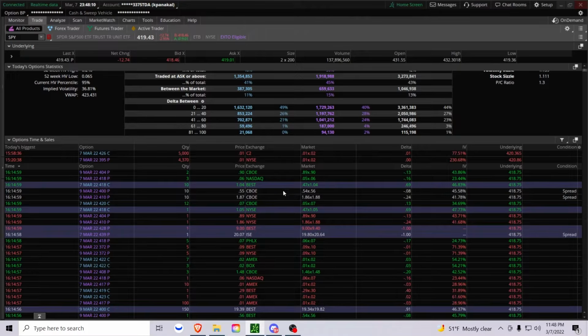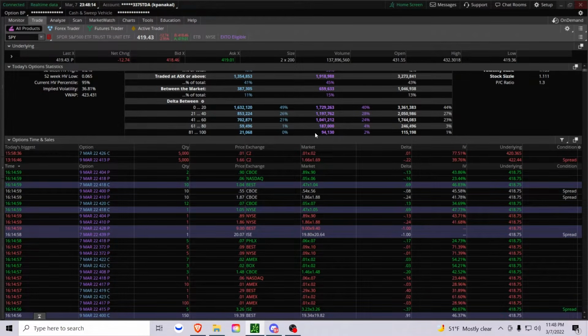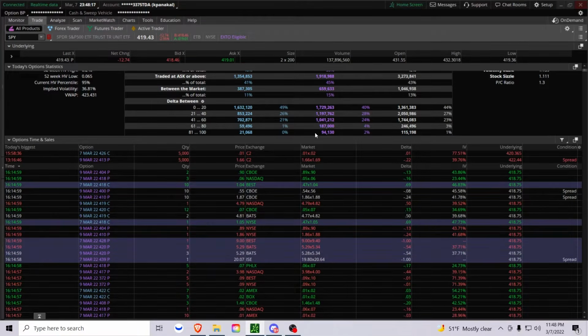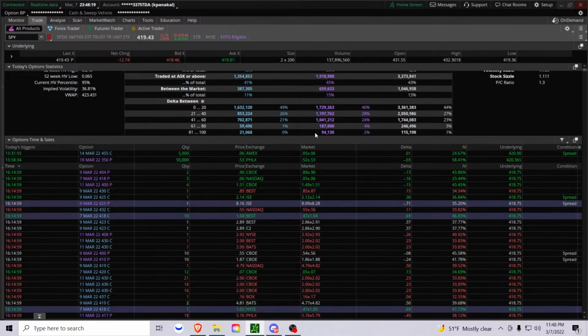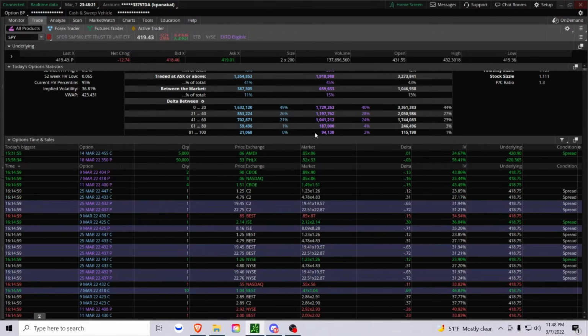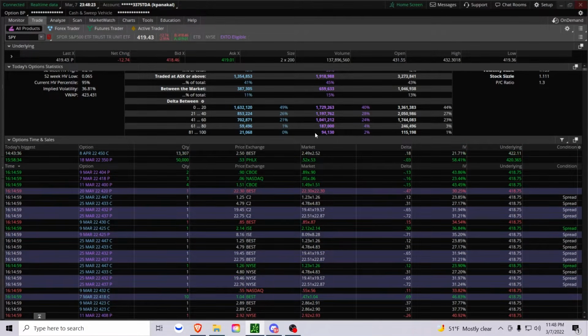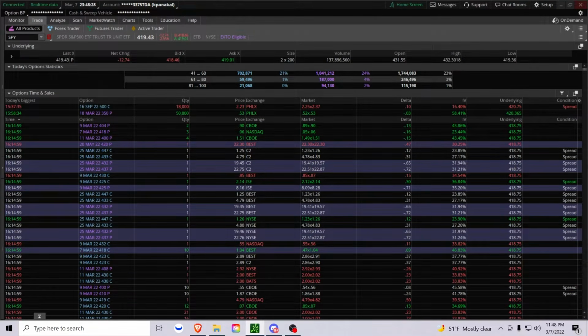What did you want to say about this? For people that use option sweeps for reference, for people that use TOS, you can come here and check those call sweeps. One thing with call sweeps, to find out if they're bullish or not, the call sweep will get filled at the ask price.